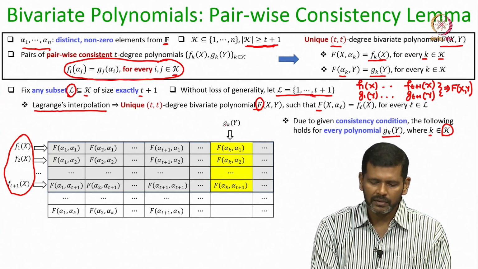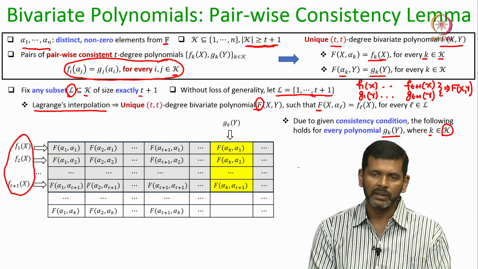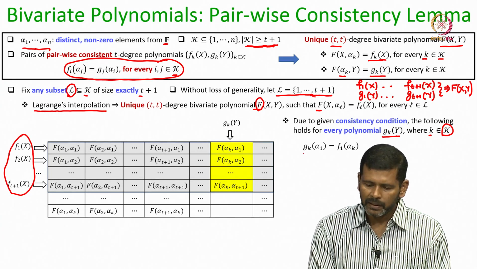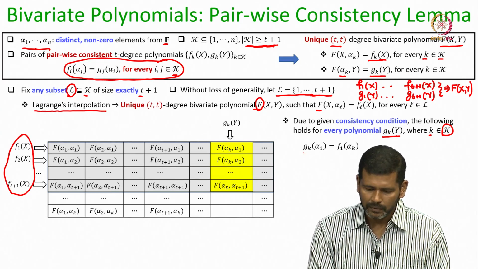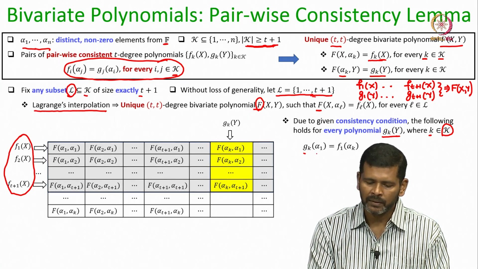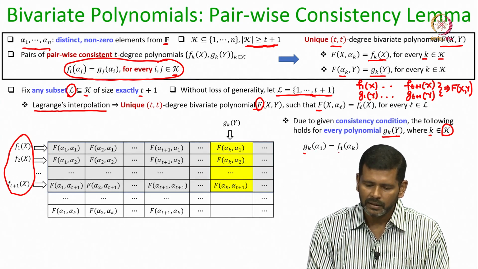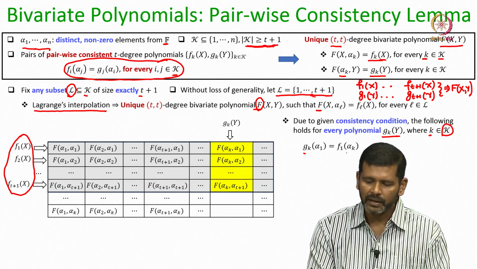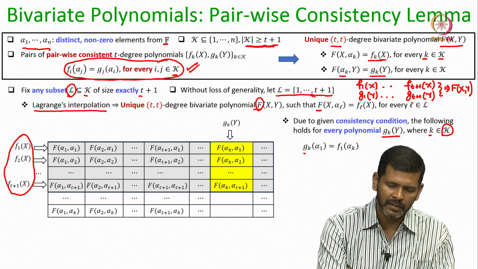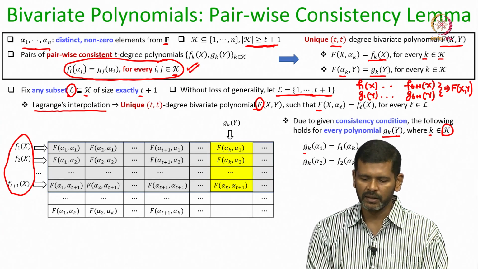That means, if I consider this polynomial g k y, then because of the pairwise consistency fact, we have this equality, namely the kth y univariate polynomial when evaluated at alpha 1 is the same as the first x univariate polynomial evaluated at alpha k. I am just triggering the pairwise consistency condition.